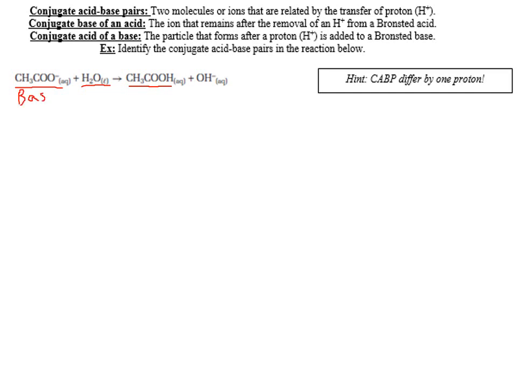And if this was a base, that means that this is the conjugate acid of the base, because now this could get rid of the H and give it away to the OH minus. H2O, let's see what happened to it. It became OH minus. It lost an H, so it's the acid in this case, and the OH minus is the conjugate base of that acid.